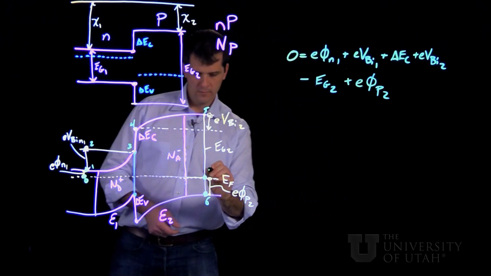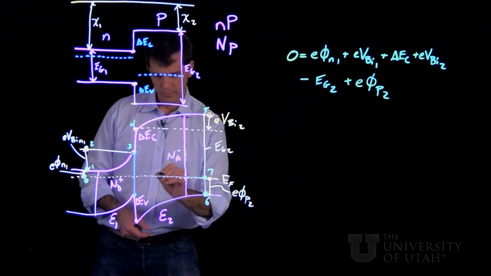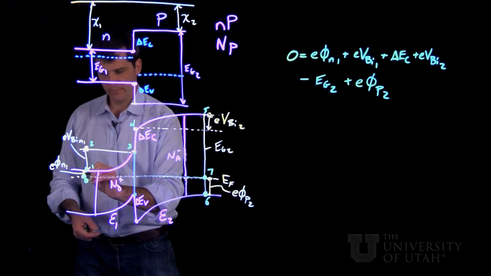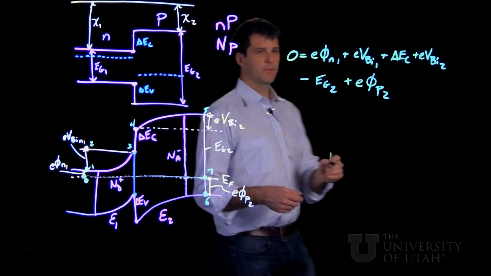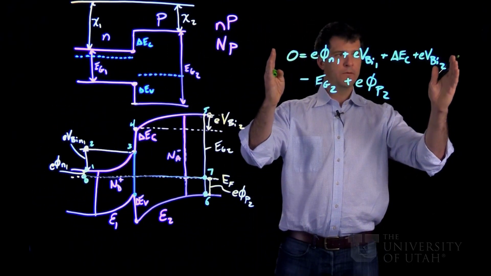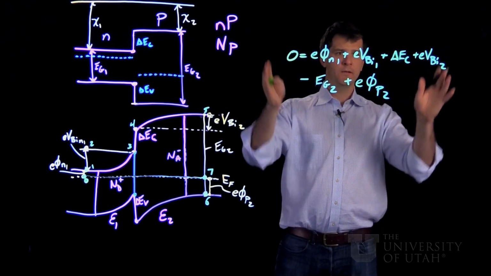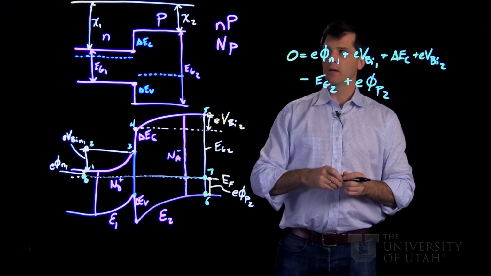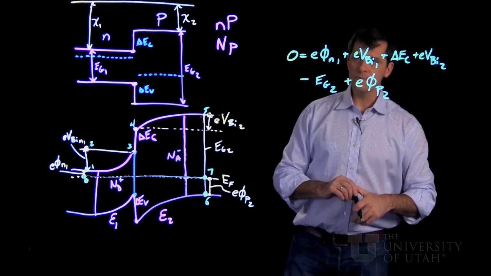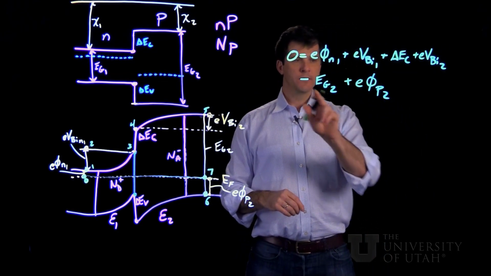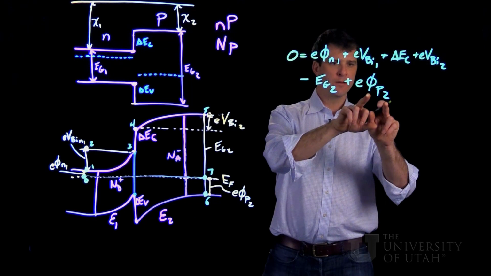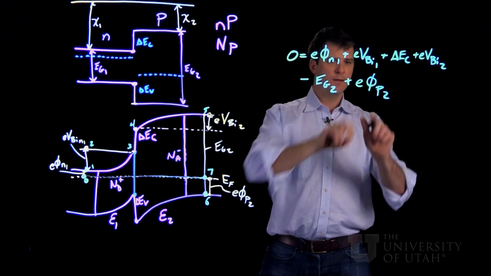Now we've actually completed our loop because we can slide over at the same energy back to 0.0 where we started. So we've gone around this loop and we've created an equation here which we can use to relate any of these values. And I'll just highlight again, how do you calculate these phi values?